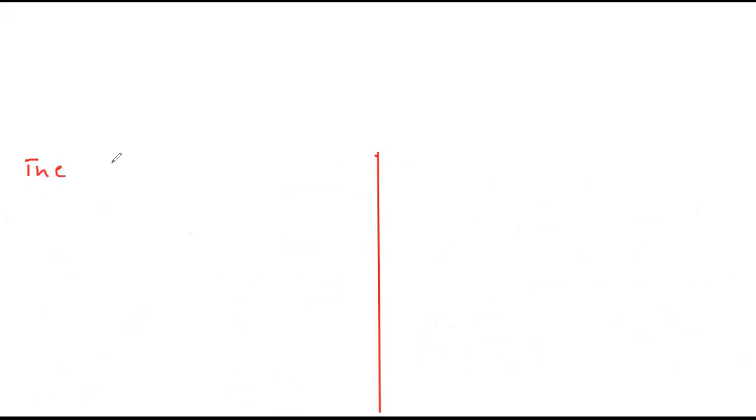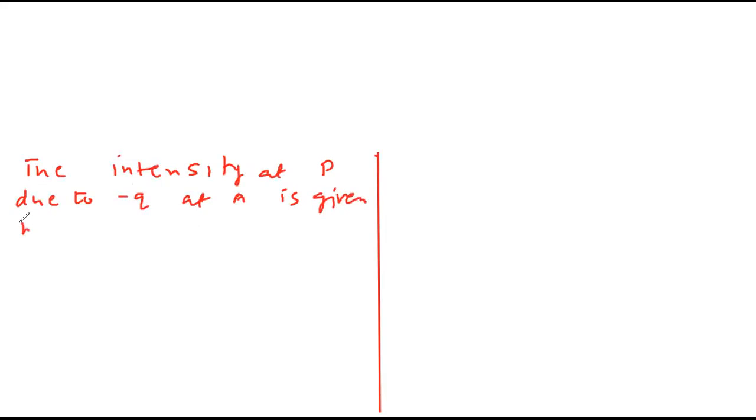The intensity at P due to minus Q at A is given by E1 equals 1 upon 4 pi epsilon naught, Q upon AP square.